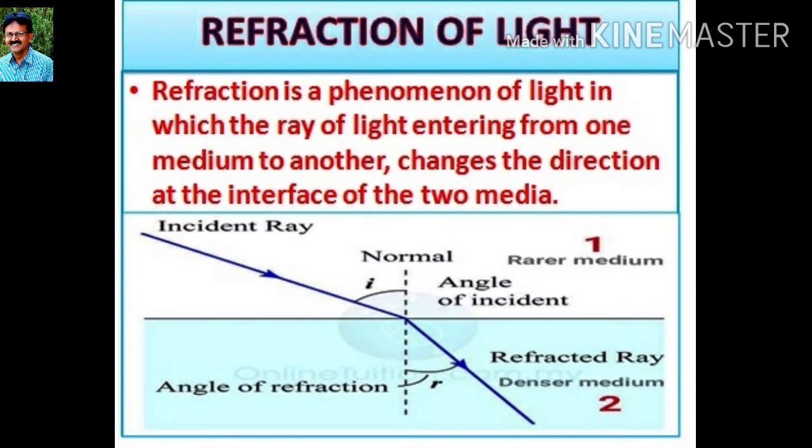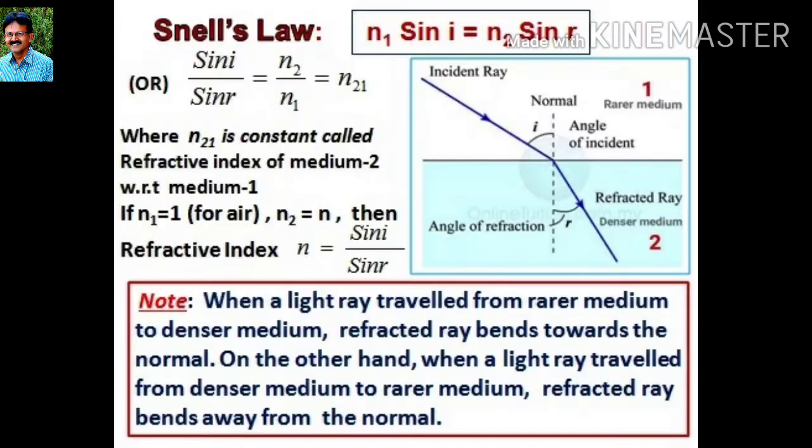Now we know about Snell's law. When a light ray travels from one medium to another, the ratio of the sine of the angle of incidence to the sine of the angle of refraction is constant, called the refractive index of medium 2 with respect to medium 1.